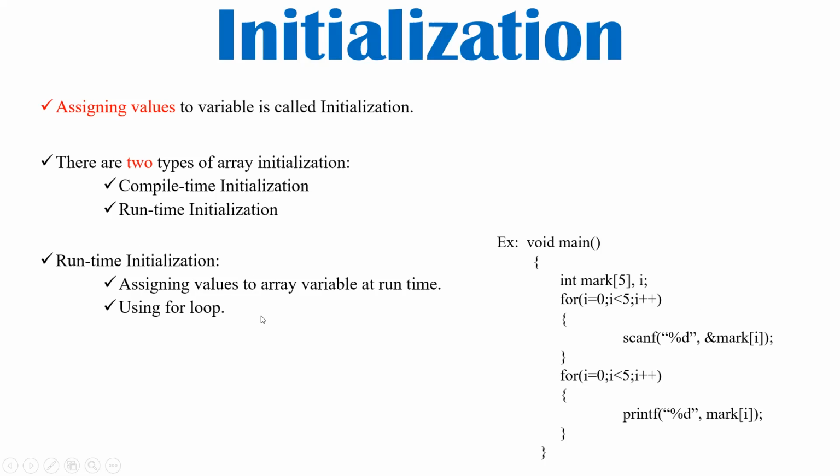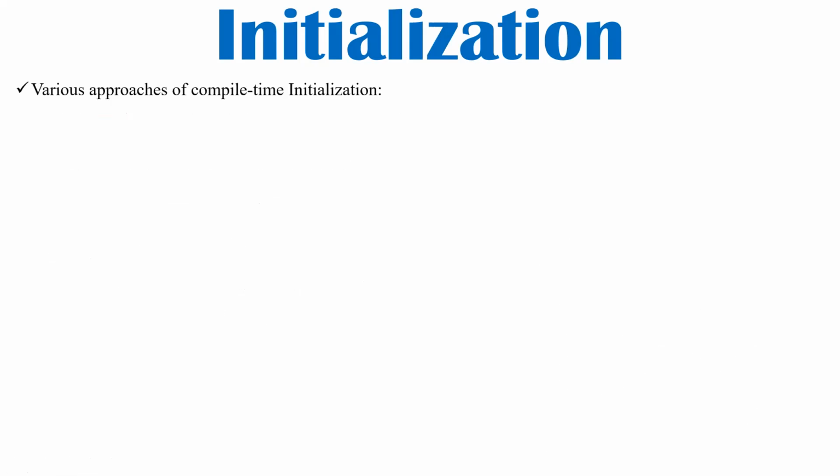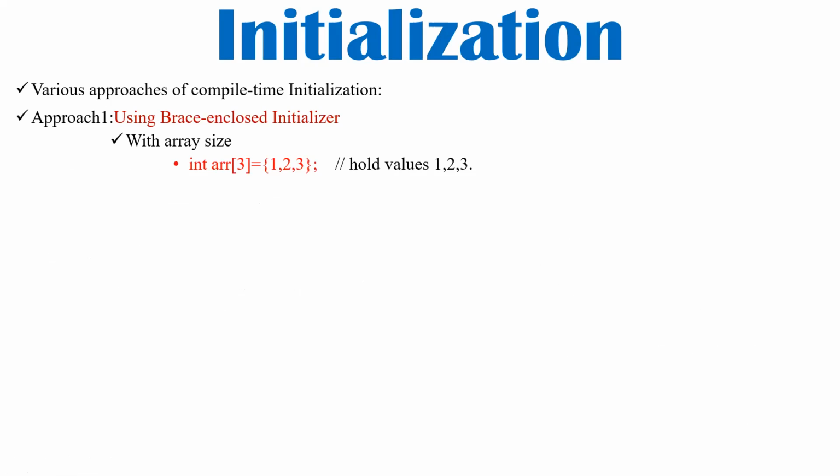Next we will see how to initialize using different kinds of approaches. First, compile time initialization. In compile time initialization, the first approach is called brace enclosed initializer. So using braces, how are we going to initialize? The first type is with the array size.